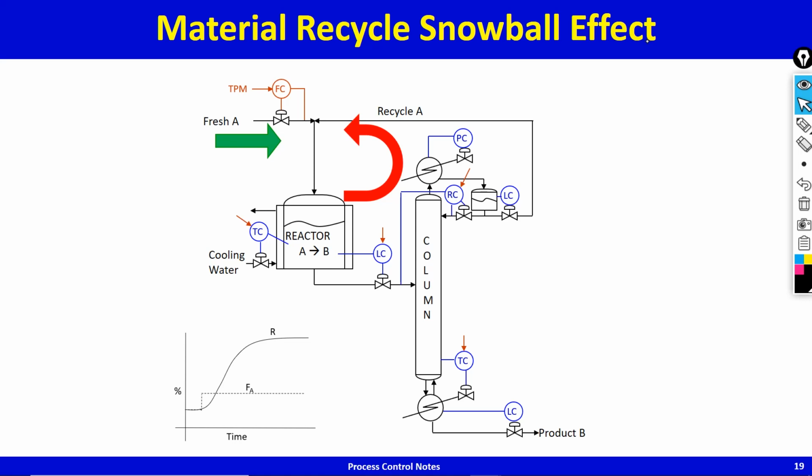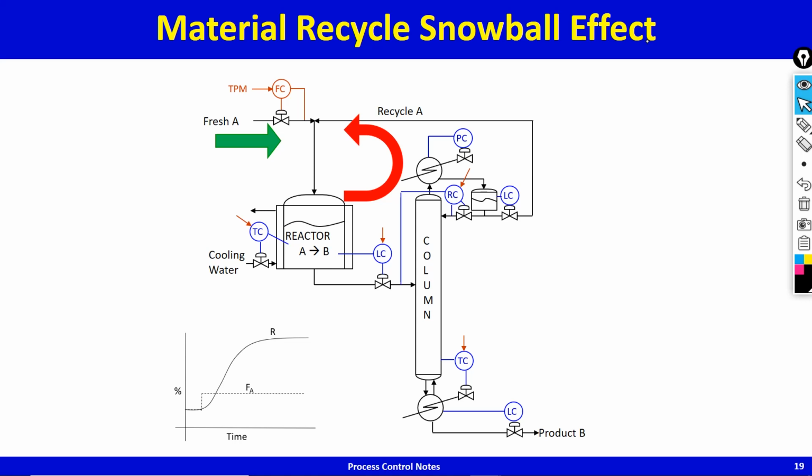Right now we are showing pure A. It could be that A contains a solvent and the composition of A in that fresh feed goes down or up. What that means is, if the amount of fresh A that you're putting in varies, the recycle rate will vary a lot.